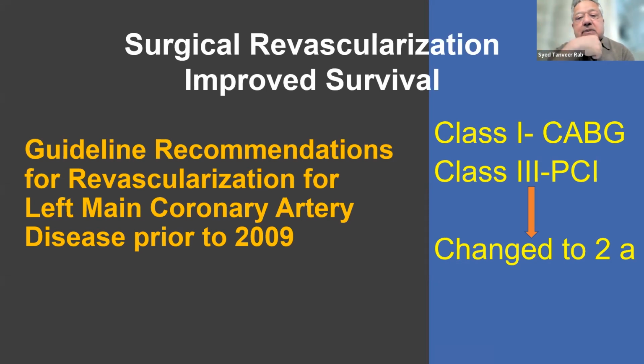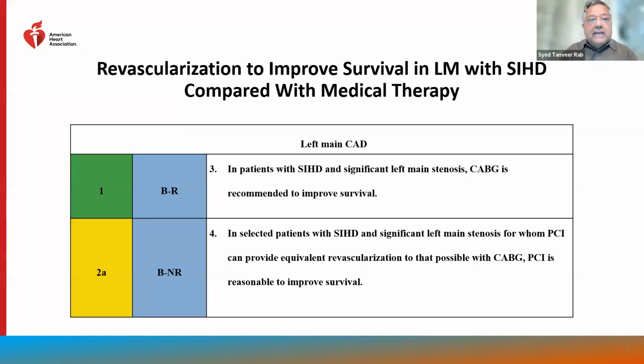And this is one of the most important aspects of this revascularization guideline, that we're able to change from a class 3, which is no, which has legal implications, particularly in the US, why you're doing a procedure with a class 3 indication, particularly if there are adverse outcomes. We're able to change it to 2A, with a body of evidence sufficient to tell you that PCI had advantages. So that's where we are with the US guidelines.